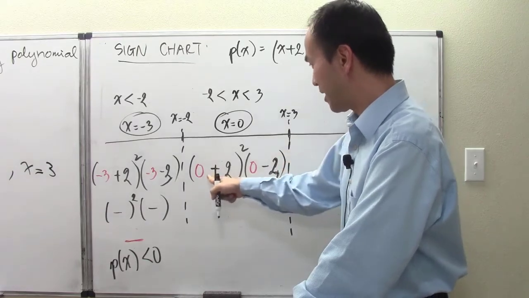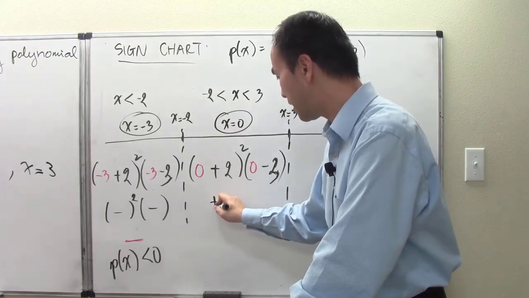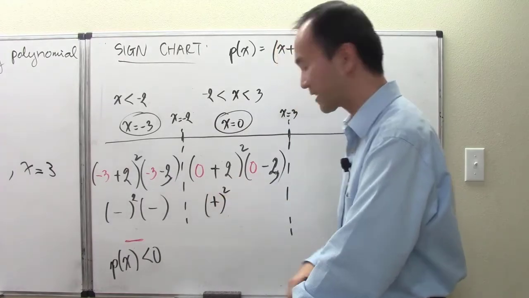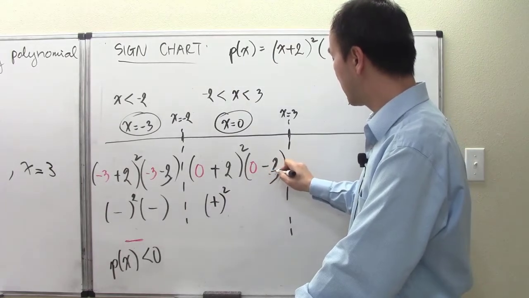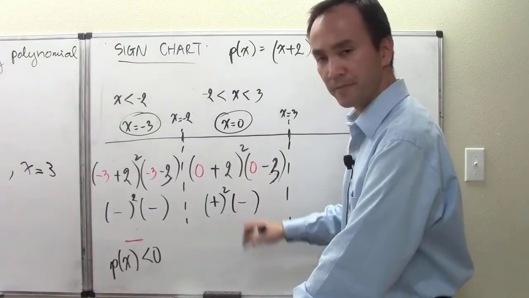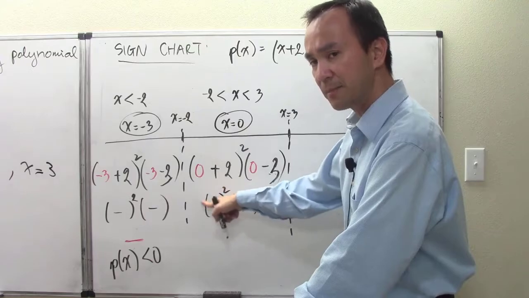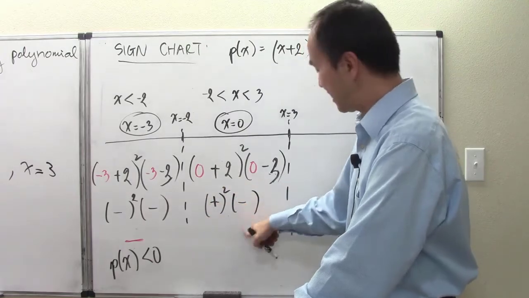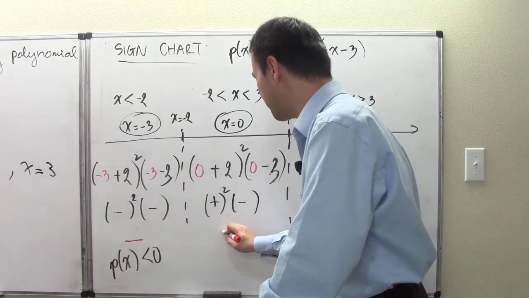So now 0 plus 2 is a positive factor, and we square that. 0 minus 3 is a negative factor. So a positive factor being squared is again a positive factor, times negative, will turn into an overall sign of being negative.